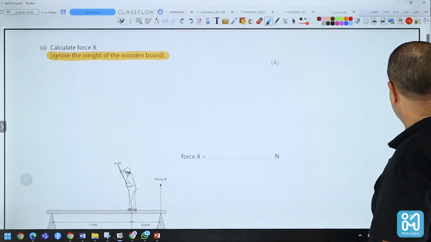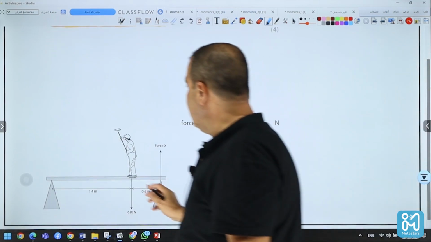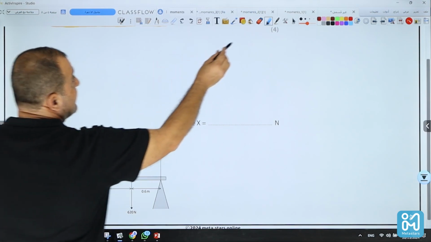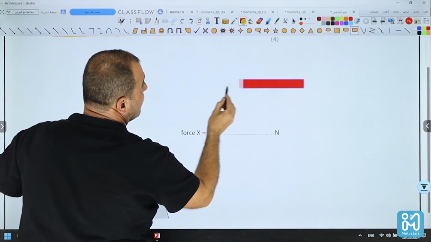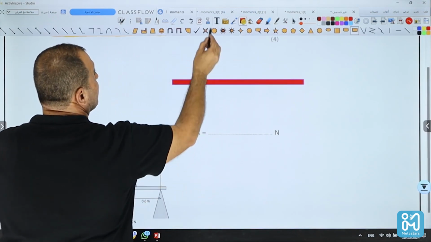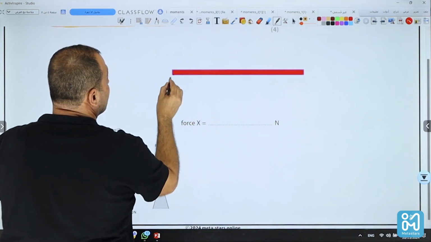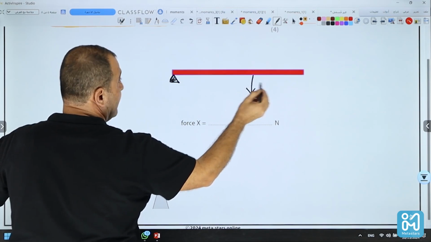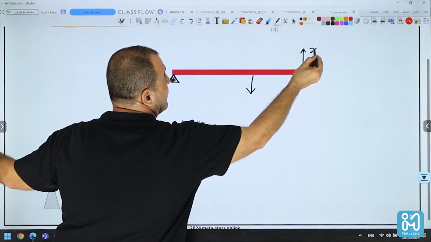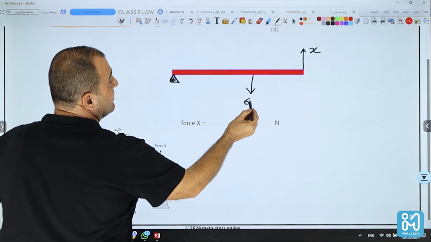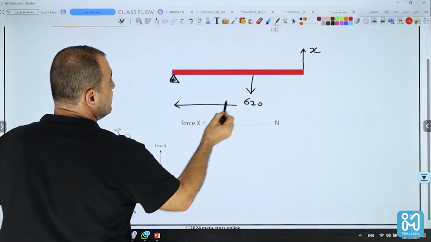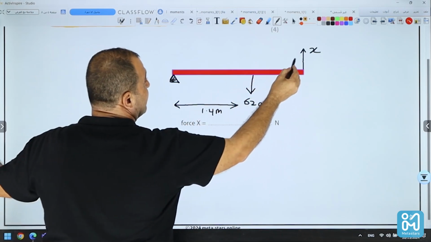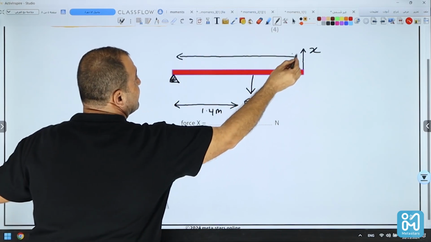The same picture, it's at this point. The force X. This is the pivot. There's a man and there's a force X. 620 Newton at a distance which is 1.4 meter. And this is the distance which is 2 meters.